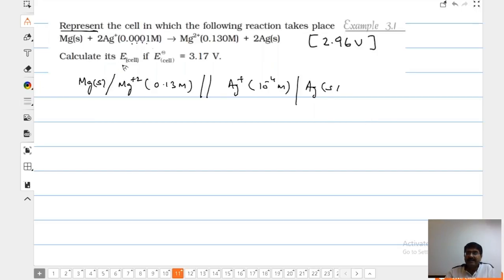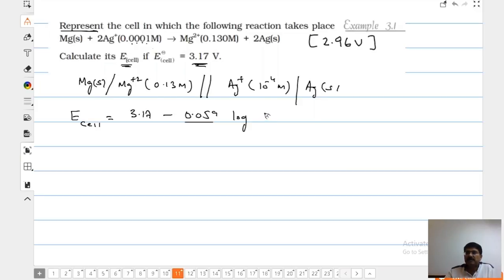Now he is saying calculate E cell. So Smriti, you will write, Gudiya, E cell is equal to 3.17. Do you understand, son? 3.17, Dipesh, minus 0.059, and later we fill in the log of species getting oxidized. What is species getting oxidized?